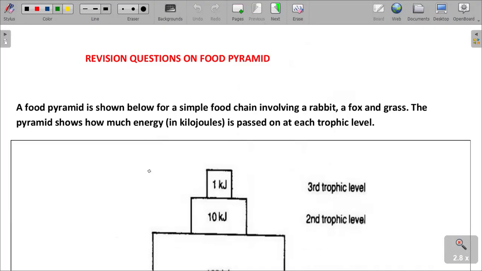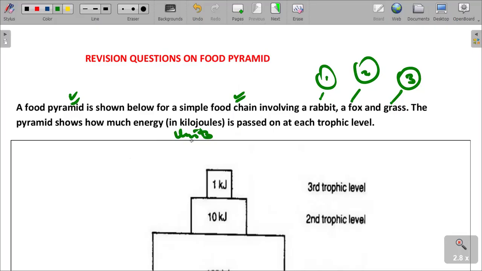So a food pyramid is shown below for a simple food chain involving a rabbit, a fox, and grass. The pyramid shows how much energy in kilojoules. These are the units of energy.